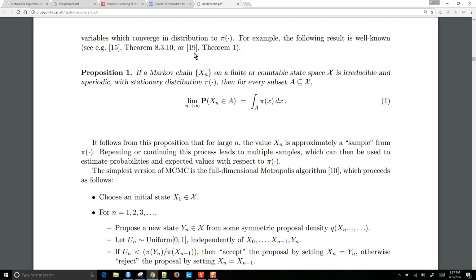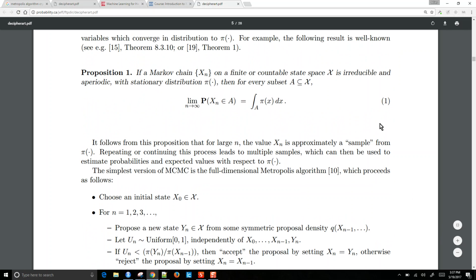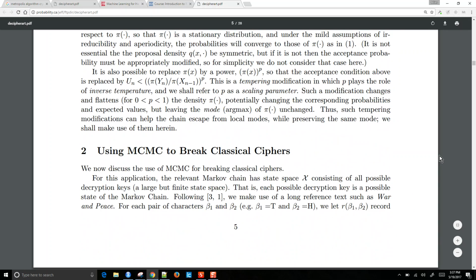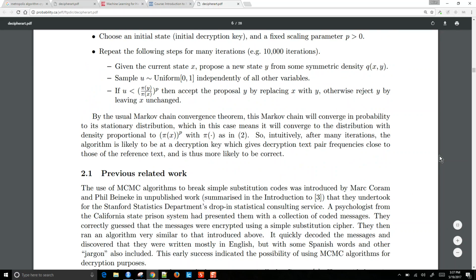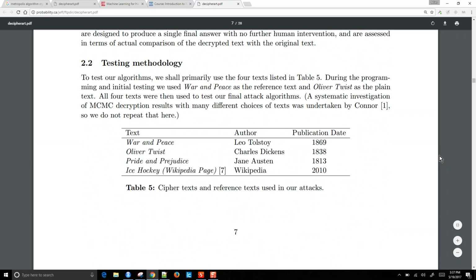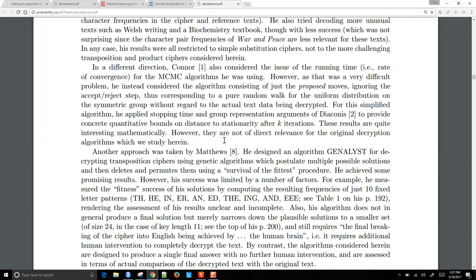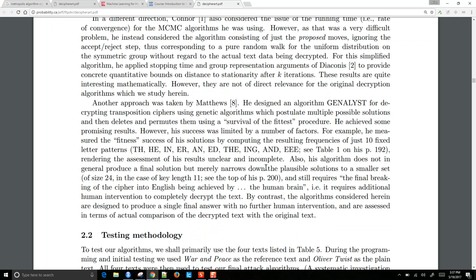Okay, and so they've formalized a lot of the things that we've been talking about, and basically we're going to try to measure certain combinations of letters as a way of probability.